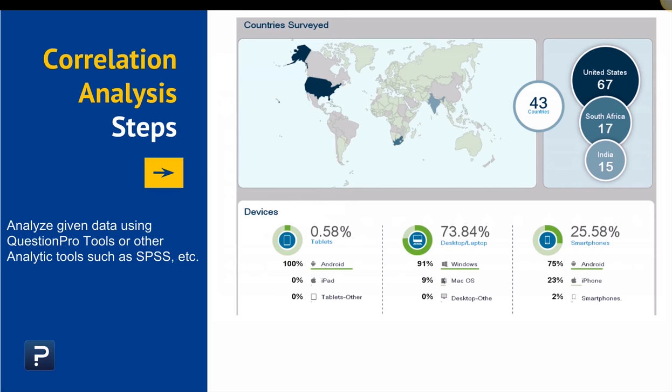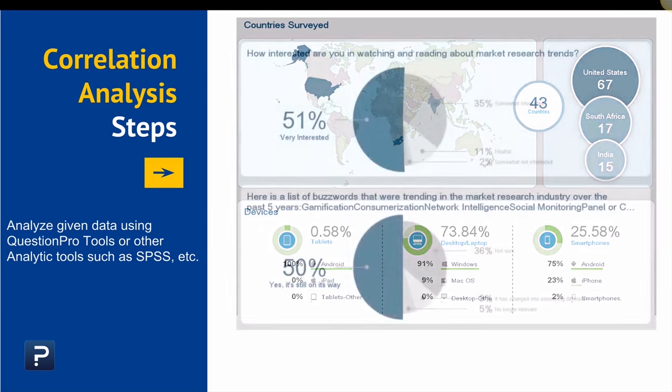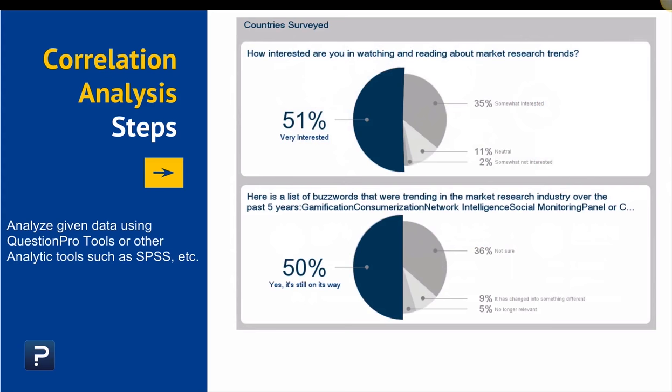However, it's very interesting to see what kind of people were taking this, and what the distribution was across the board. And then you can see, how interested are you in watching and reading about market research trends? So you can see the majority of our population that took the survey is very interested to somewhat interested, and then it drops down considerably to neutral to somewhat not interested.